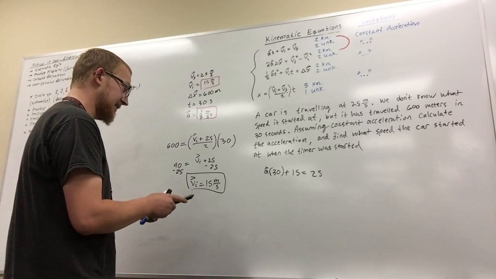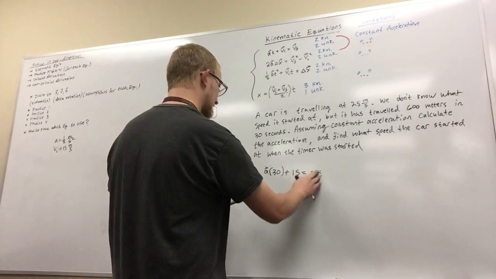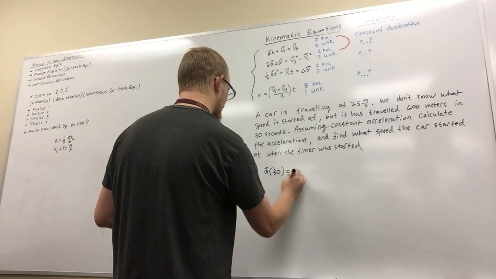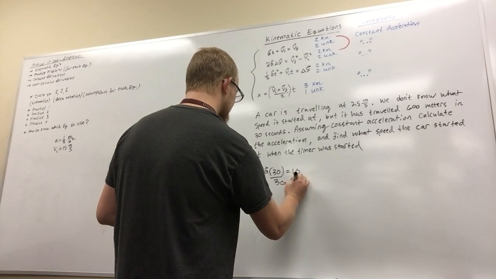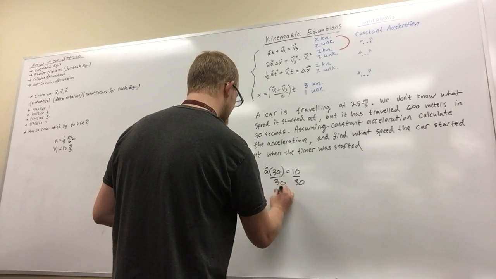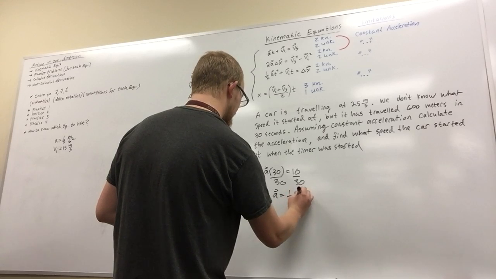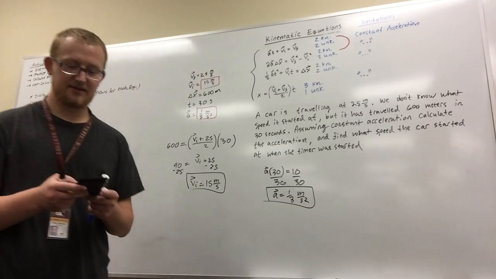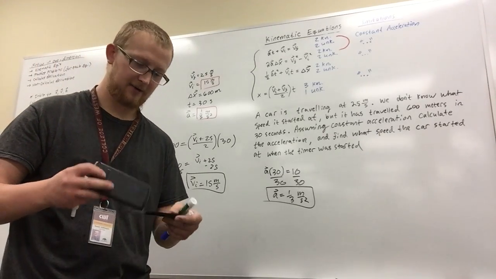So 25 minus 15, get the 15 over here, we end up with this equaling 10, divide by 30 on both sides, and what you end up with is a is equal to 1/3 meters per second squared. So that's perfect. We got the same answer. It was a heck of a lot quicker.